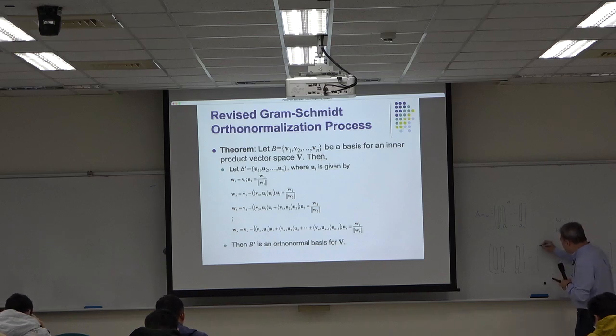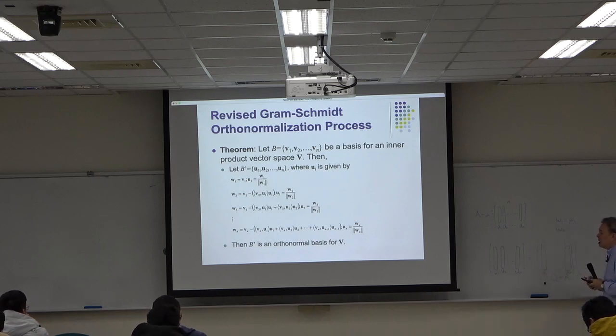Our Q is actually A. In other words, this is A1, A2, AN. And then look at here.